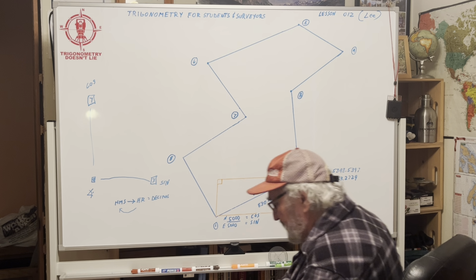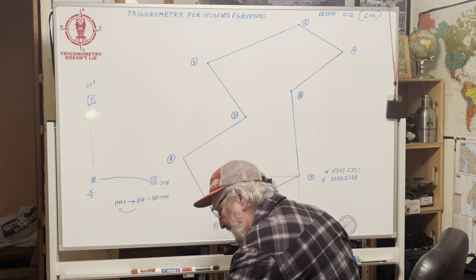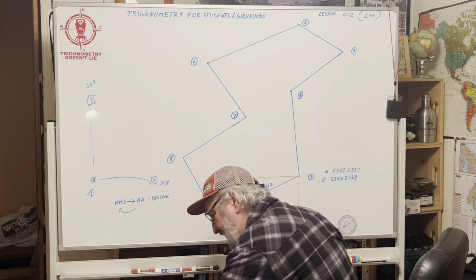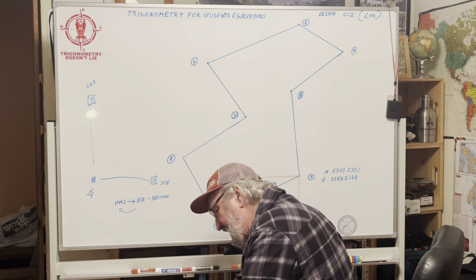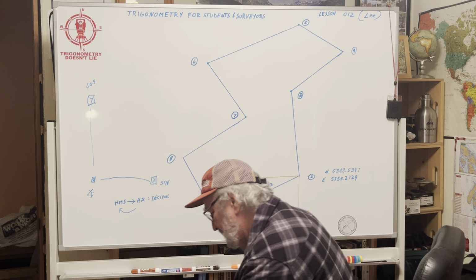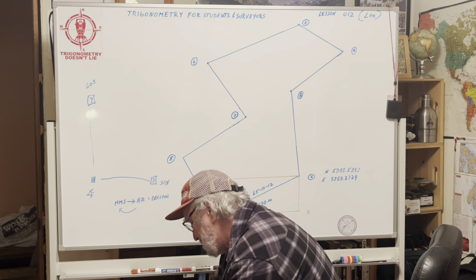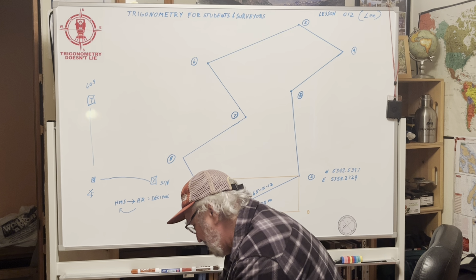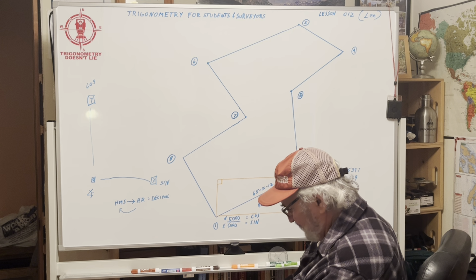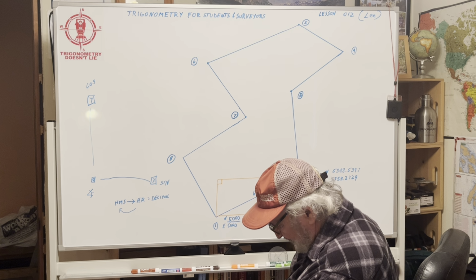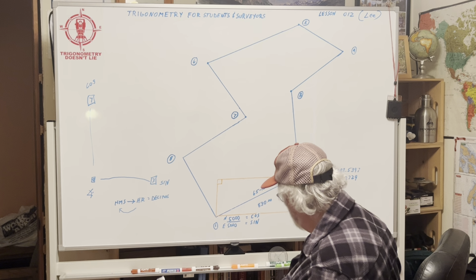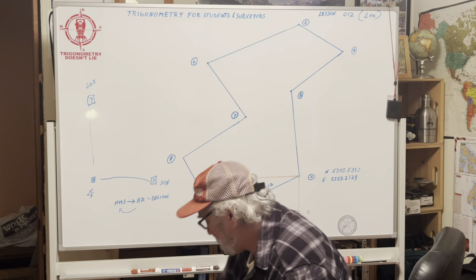Okay, the next one. Hold on a minute here. Let me get this out. All right. We're going to go with our bearing here: 345, 1827. That's small.